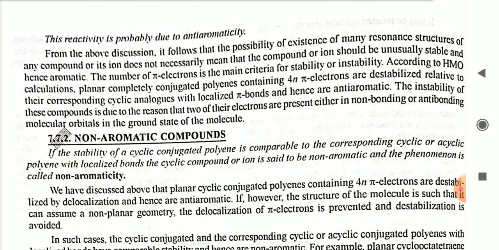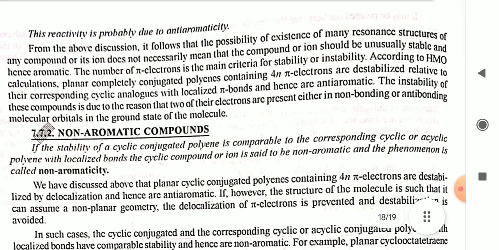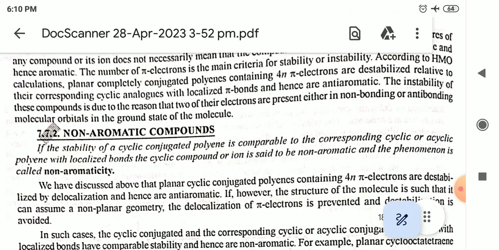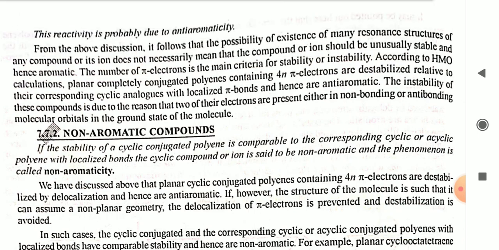From the above discussion, it follows that the possibility of existence of many resonance structures of any compound or its ion does not necessarily mean that the compound or ion should be unusually stable and hence aromatic. The number of pi electrons is the main criterion for stability or instability.